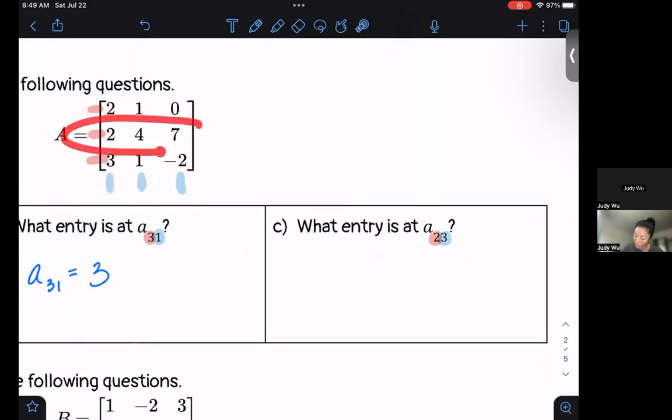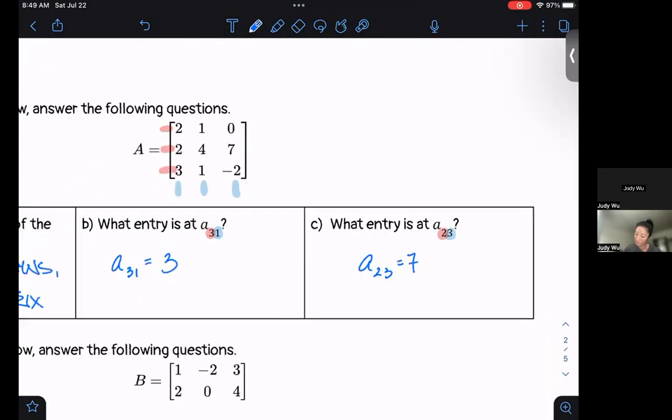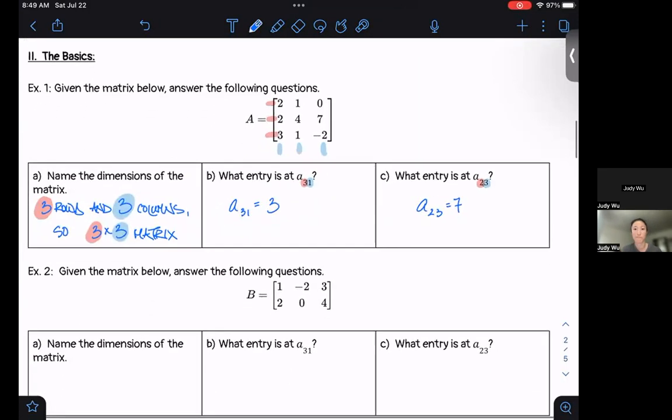So the 2nd row is here and the 3rd column is here. So the number in the intersection of those is 7. So we can say that A23 is 7. Okay. So making sure we know how to find the dimensions and where the entries are, keeping track of which one's a row and which one is a column is super important, okay?